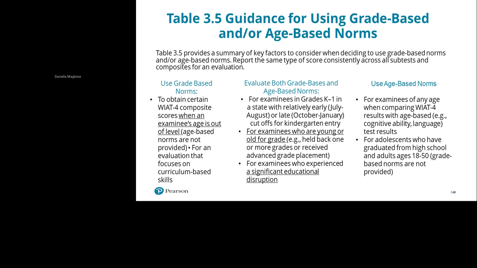So take a look here at table 3.5, which takes a look at key factors that need to be considered when deciding whether to use age or grade-based norms, right? So use grade-based norms whenever you're looking at an examinee who is out of age for a level, or an eval that focuses specifically on CBM. You want to use age-based norms when comparing results to other age-based measures like ability, or when testing adults or adolescents, obviously, who've exited high school.